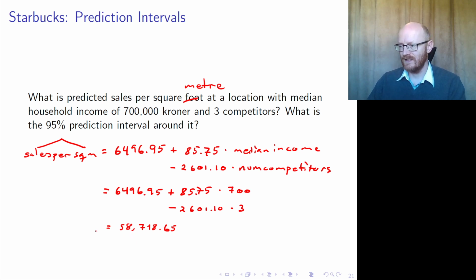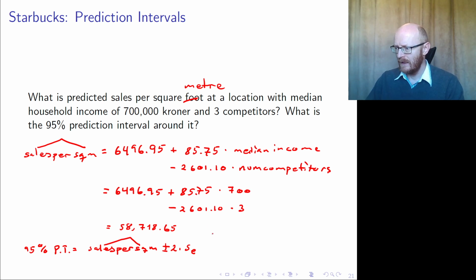And the 95% prediction interval equals the sales per square meter estimated plus minus 2 times the standard deviation of the errors.